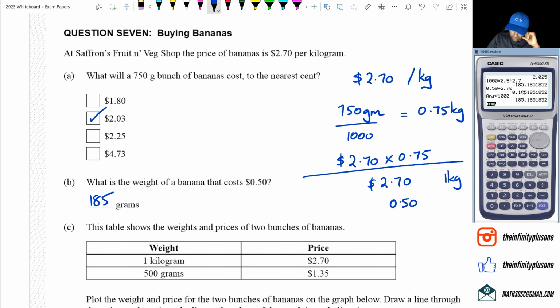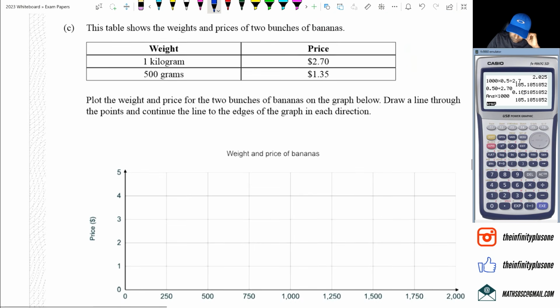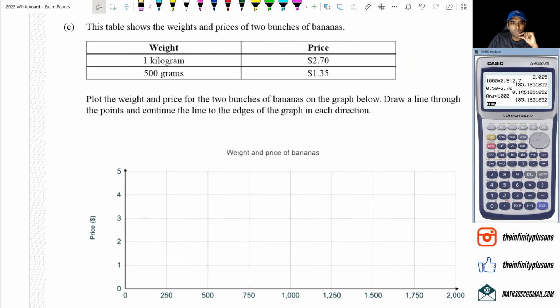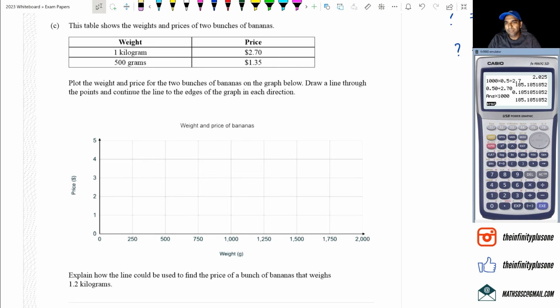All right, so the next part of this question: plot the weight and price for two bunches of bananas in the graph below. Draw a line through the points and continue the line to the edge of the graph in each direction. I was trying to understand what the question was actually asking, and I had to move it to see the bottom part of the question. So we've got two bunches of bananas, and they've given us the price.